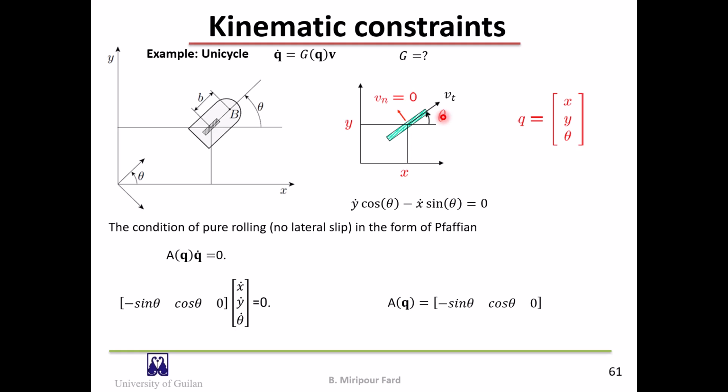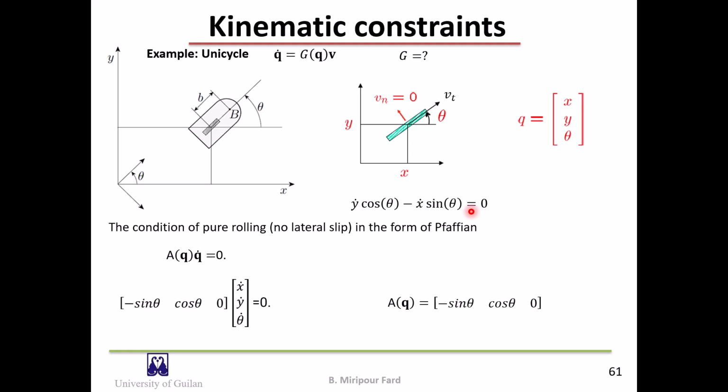X, Y, and theta constitute the generalized coordinates of this system. The condition for no side slipping is given with this equation, as we saw before: y dot times cosine of theta minus x dot times sine of theta equals 0.